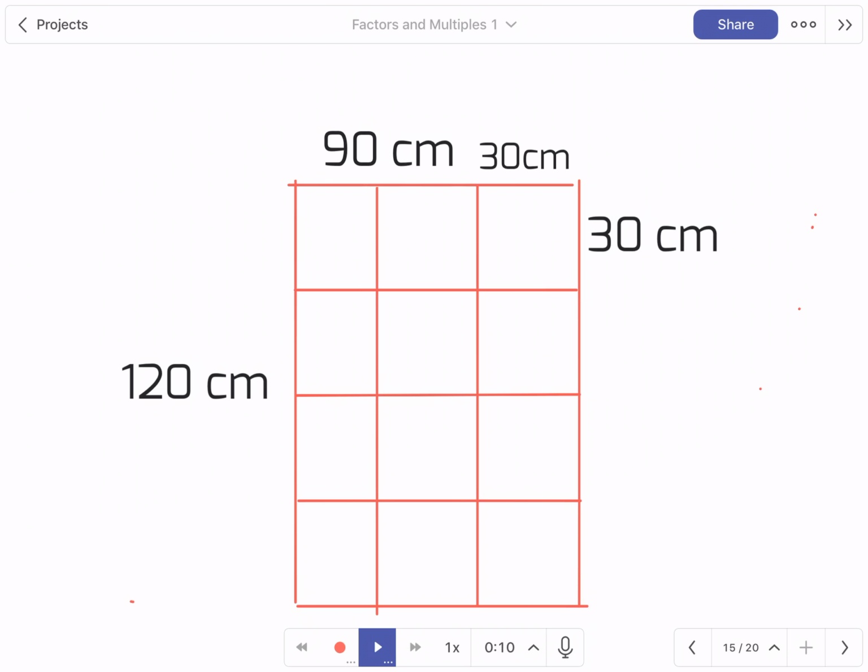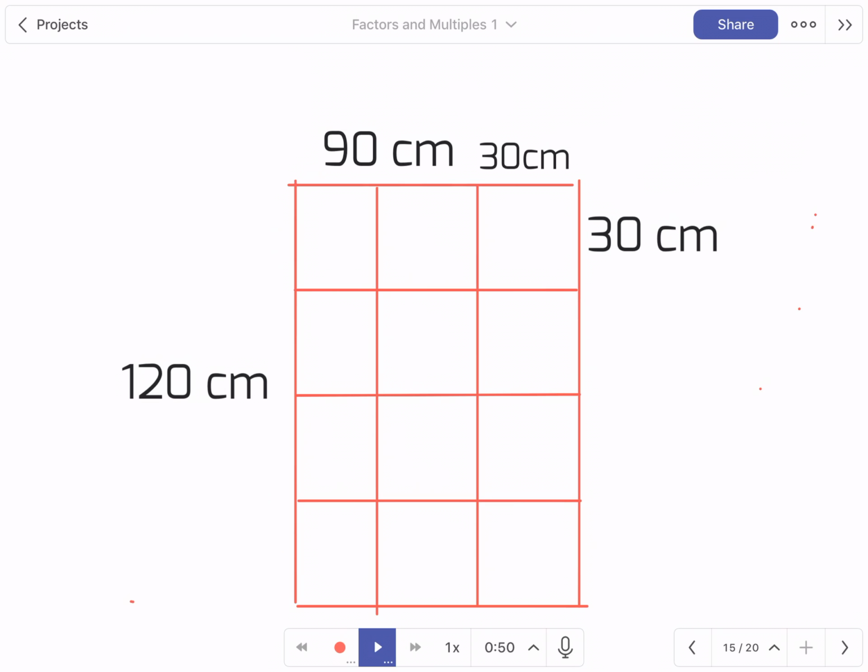Now we know that the length of the square tile will be 30 centimeters. Since the tiles are square, this length is equal to this length. If each tile is 30 centimeters and the total is 90 centimeters, the number of tiles required to fill this row is 90 divided by 30, which is 3. On the other side, the total is 120 centimeters, so 120 divided by 30 is 4 tiles.